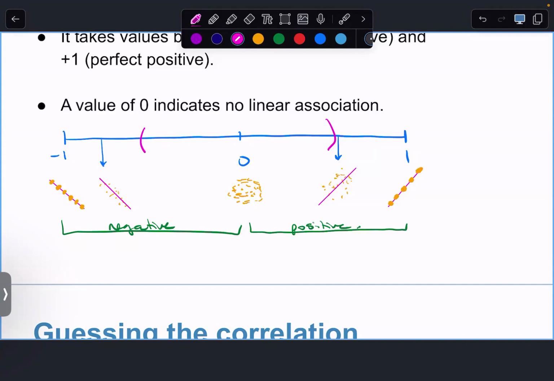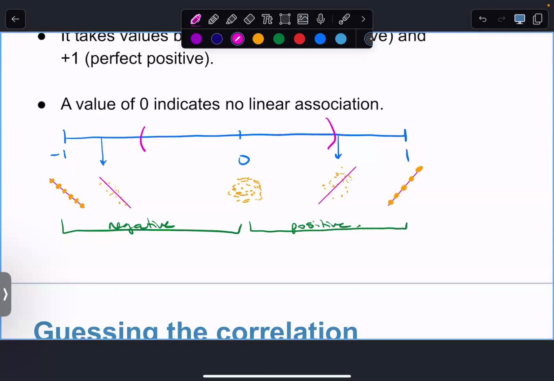Anyways, I just have basically one breakpoint at 0.5. Now, negative 0.5 and 0.5. In this region, I would call it weak. And out here, I have a strong positive relationship, and here I have a strong negative relationship.